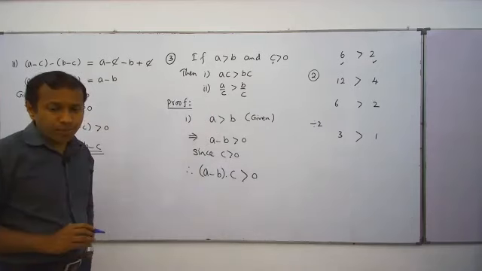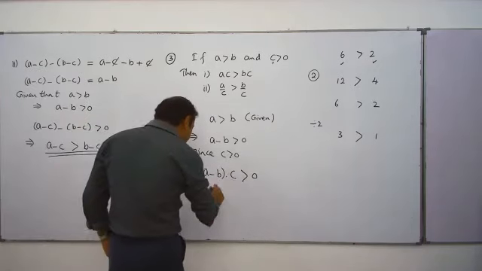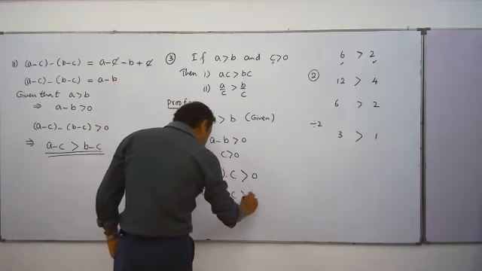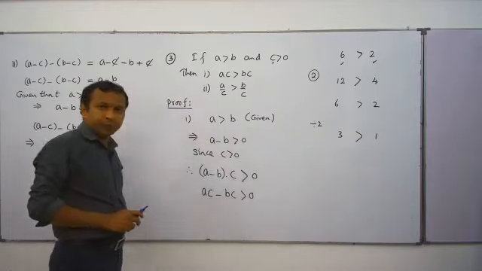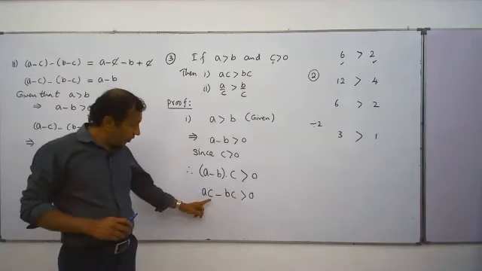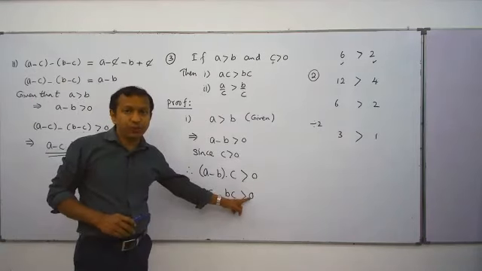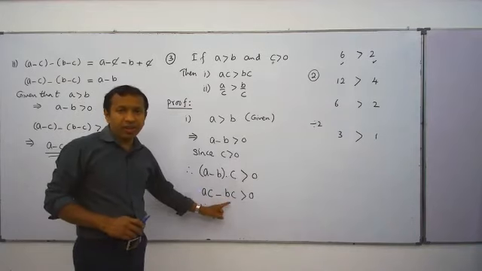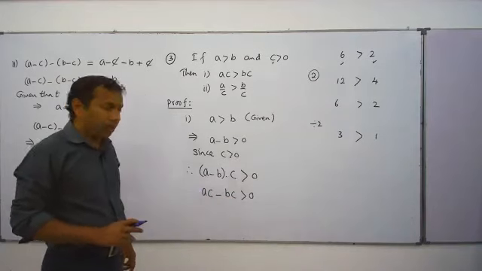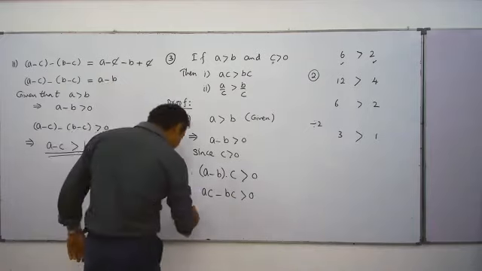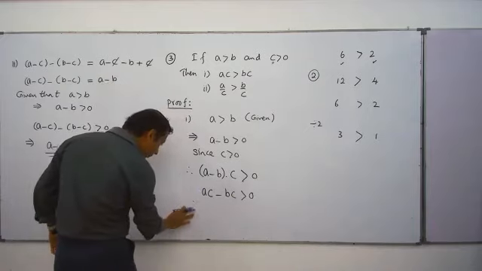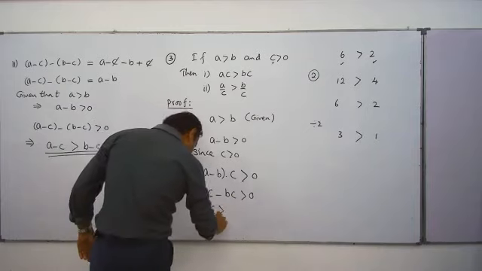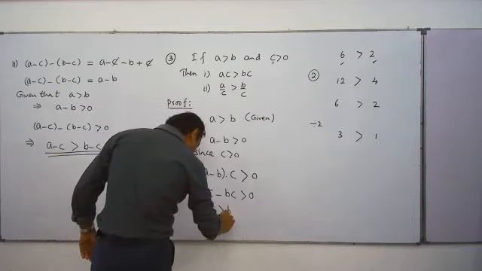Okay. Now I can remove the bracket. A into C minus B into C greater than 0. Now AC minus BC difference is positive. For this difference to be positive, definitely AC should be greater than BC, no? So this implies AC greater than BC.